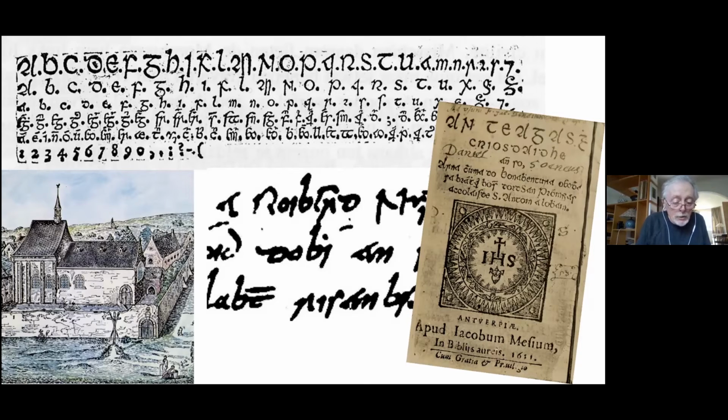English authorities were so concerned at this development that their agent in Brussels was instructed to demand that the Archduke Albert not only close off the work at the college press, but also that all the books already produced there be seized and destroyed. The type, as we can see here, was based on the handwriting style of Bonaventure Hussey, who was the author of this catechism shown on the right, where it was first used.